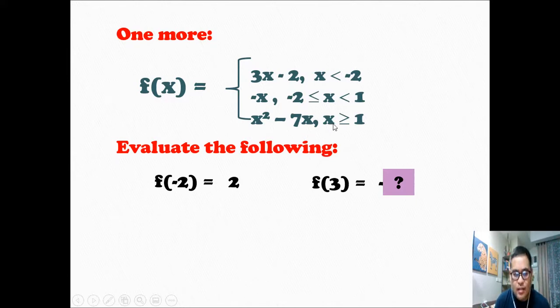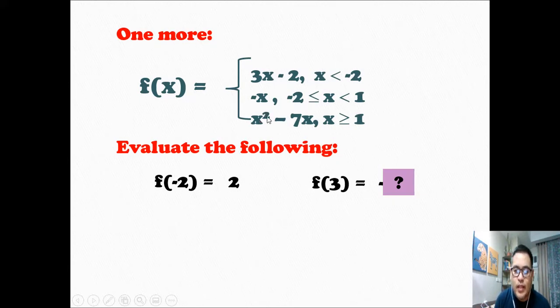Or your x is greater than or equal to 1? So what is your answer? Is x greater than or equal to 1? Okay, so check. So we're going to substitute it in this particular function.